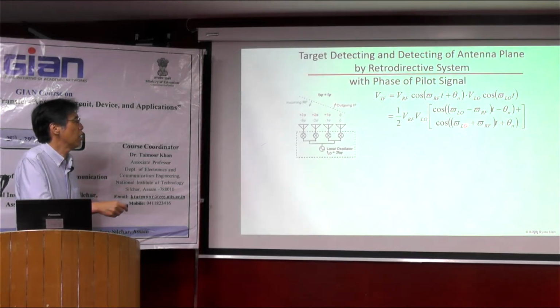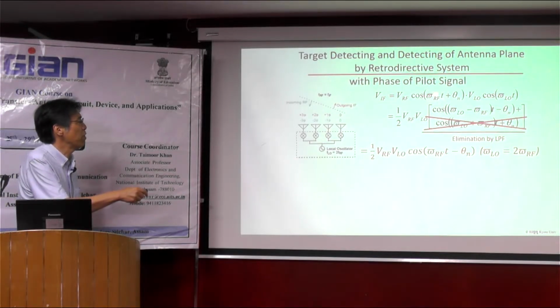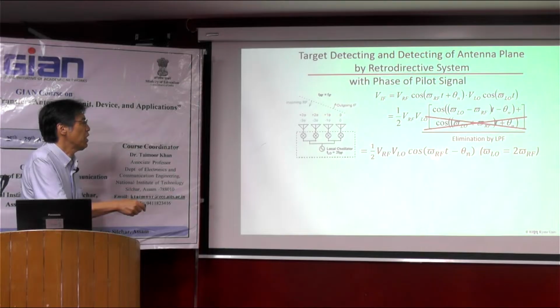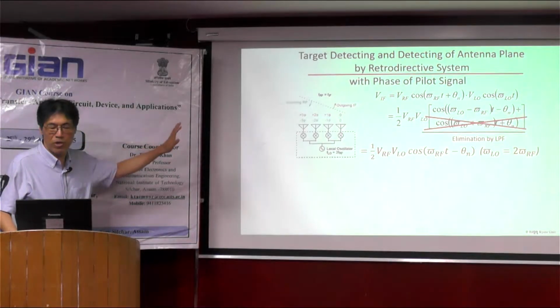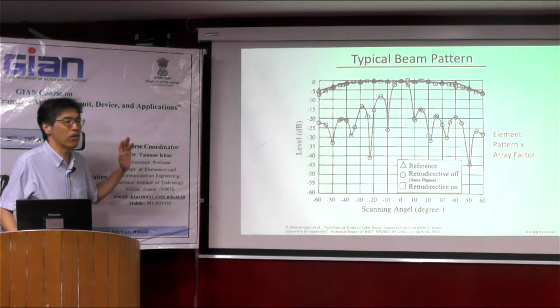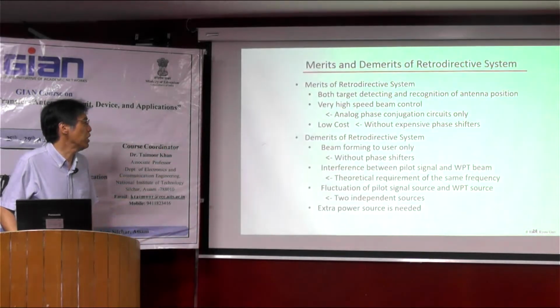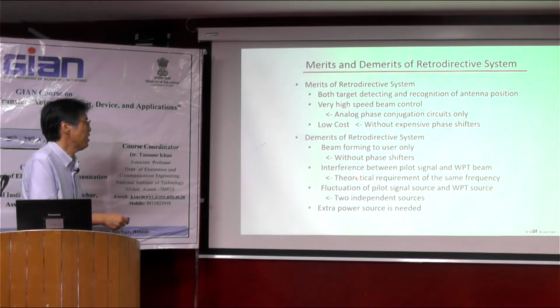The frequency of the incoming signal is omega RF, and the microwave power is also omega RF. So in the same medium, there are two different signals at the same frequency. So interference occurs because the microwave power beam is very high. So this is a very big demerit.